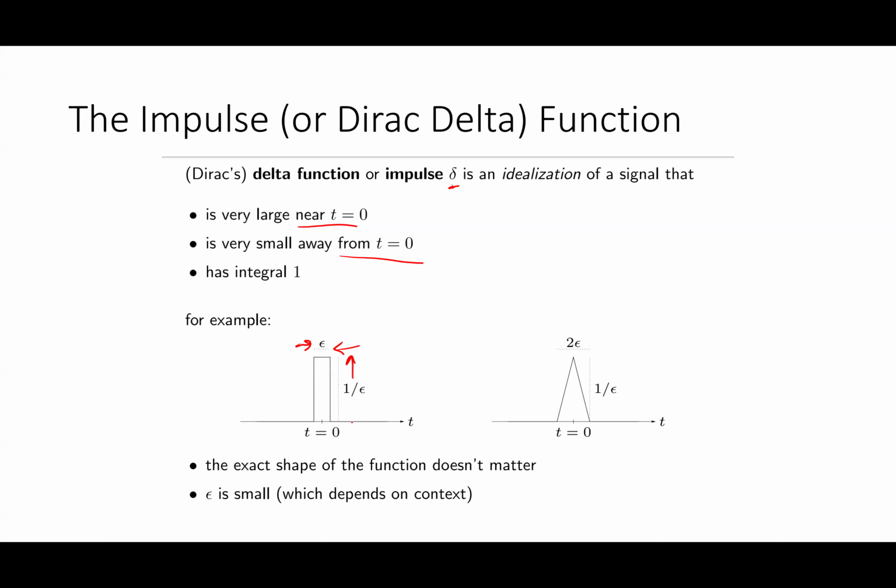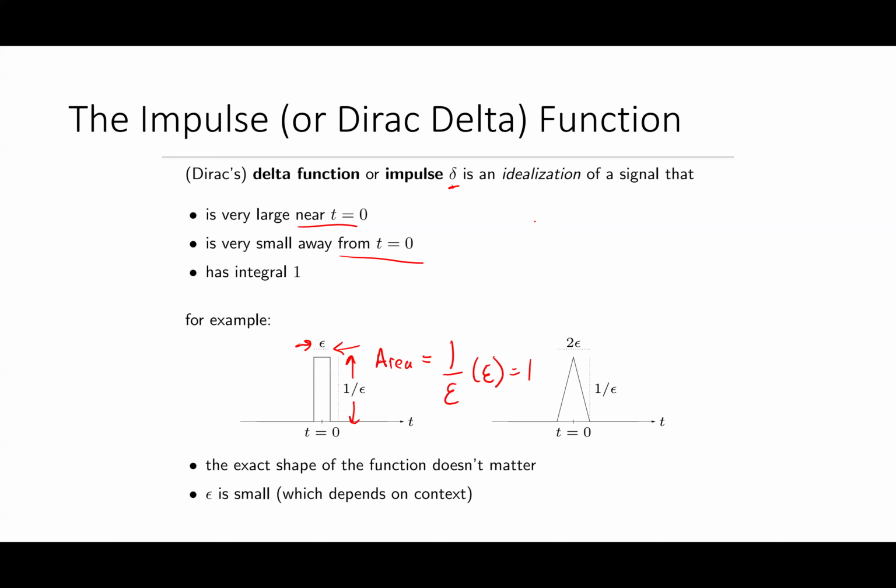Its height is 1 over epsilon. I gave you a rectangle like this that had a width of epsilon and a height of 1 over epsilon. What would be the area of this thing? Yeah, it would be 1 over epsilon times epsilon, or 1.